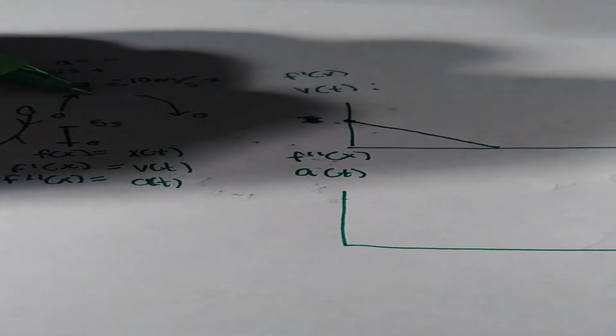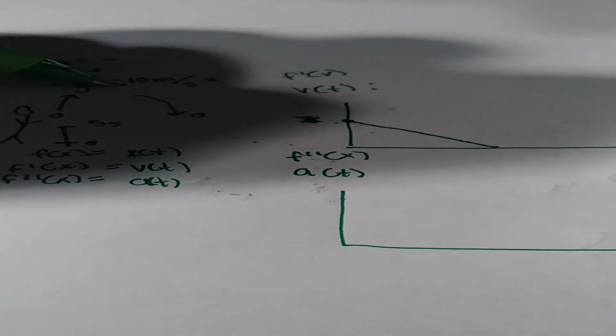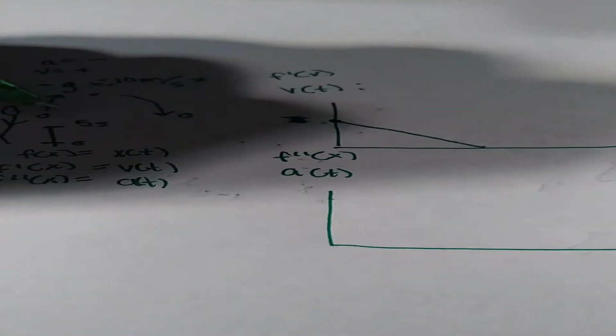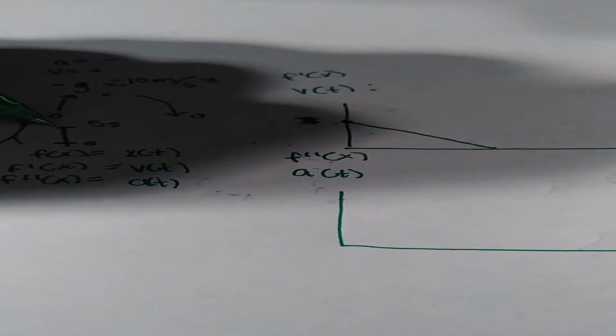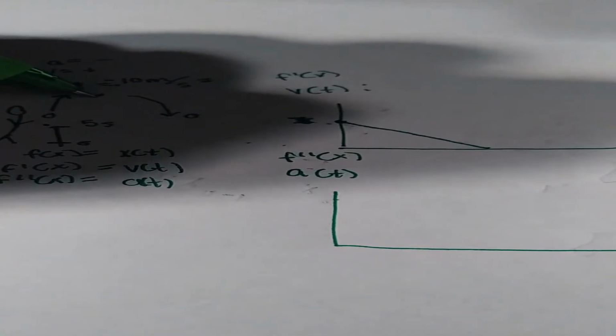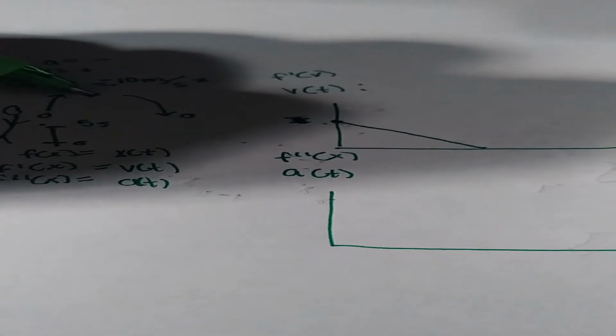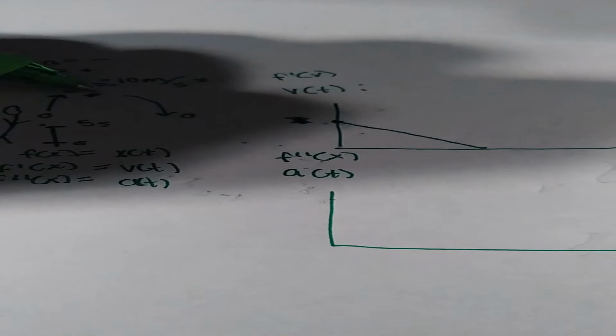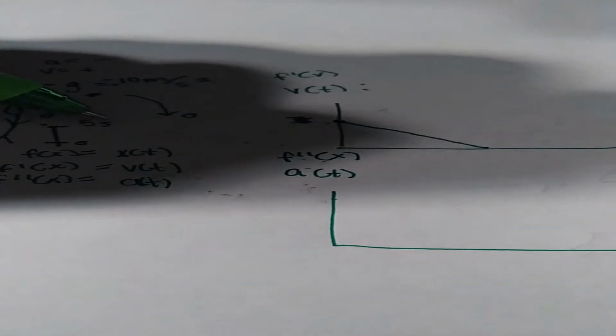Eventually, it reaches its max height before it turns around and comes back down to his hand. Well, at this max height, his velocity has to be 0, because then it turns around and comes back down.